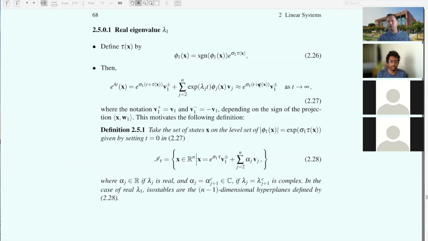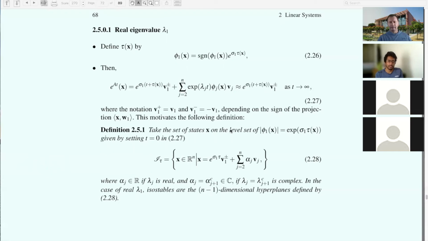And that's the key point. That is, you're going to see the level sets of φ1, or the absolute value of φ1, behave under the dynamics consistently with this approach to 0 when t goes to infinity.